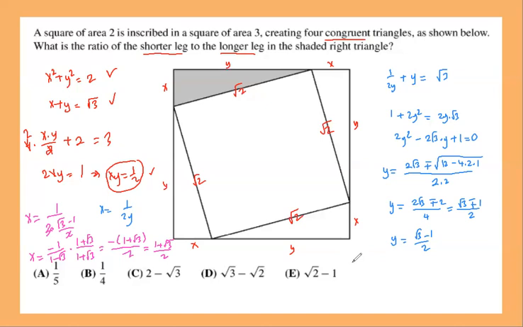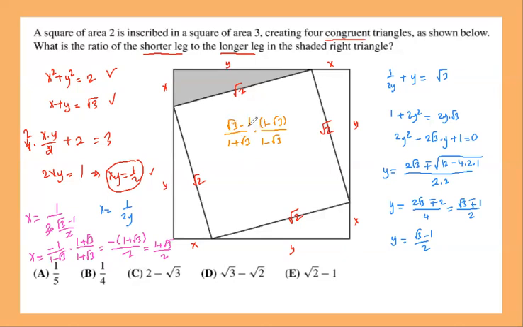Okay, at the end we are now going to find the ratio. The shorter one is the minus version. So that should be square root of 3 minus 1 over 2, divided by this one. The 2's cancel, so I'm going to write 1 plus root 3 in the denominator, and multiply by its conjugate to simplify, which is 1 minus root 3 on top and bottom.